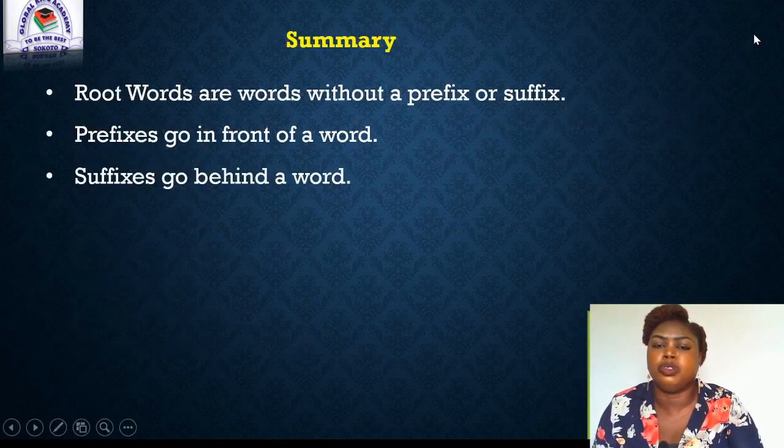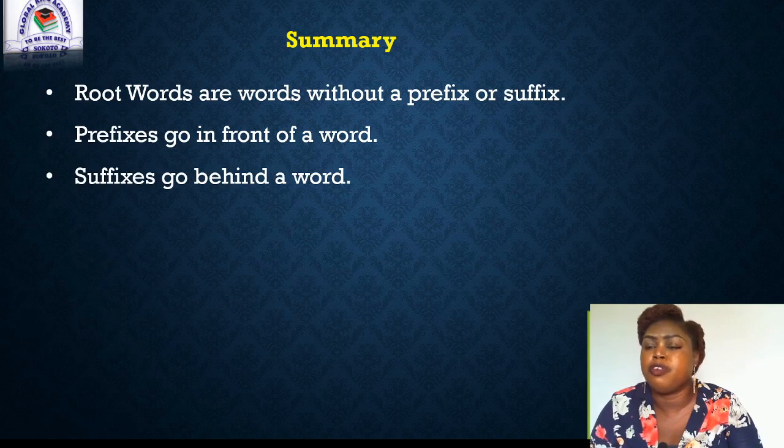Now, our summary for today. Number one, root words are words without a prefix or suffix. If you remember from the start, I told you root words do not have a prefix or a suffix attached to them. They are words that stand on their own, and they also give meaning.